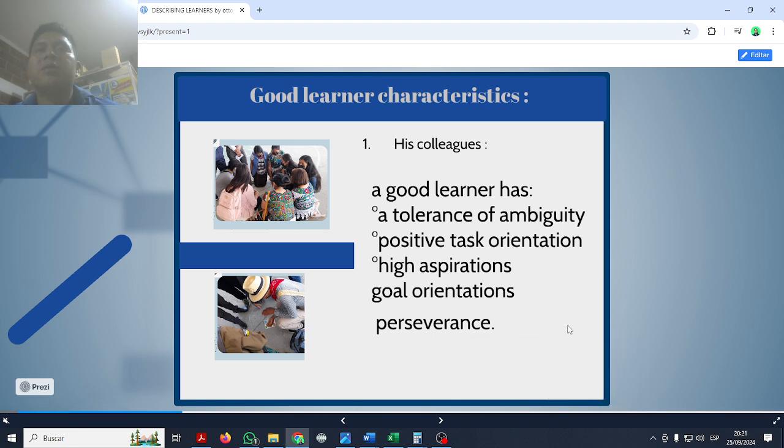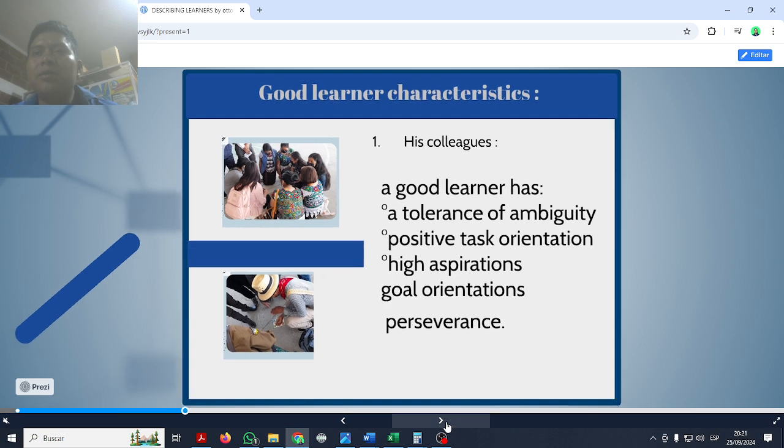Good students have aspiration, vision, and motivation to continue their progress.